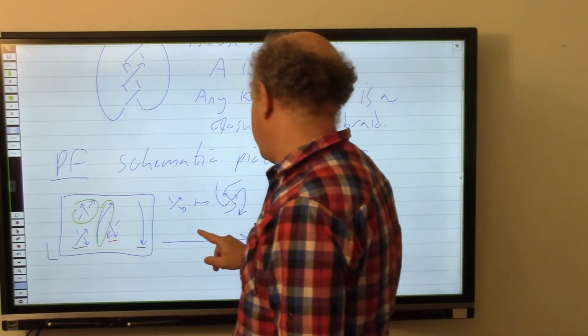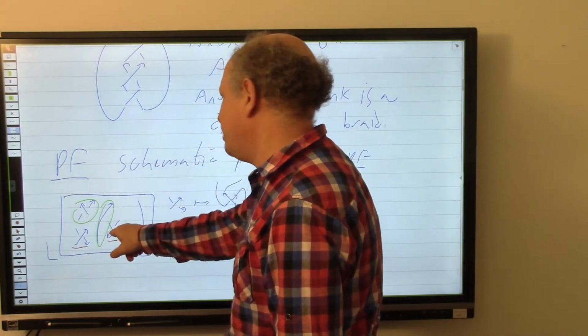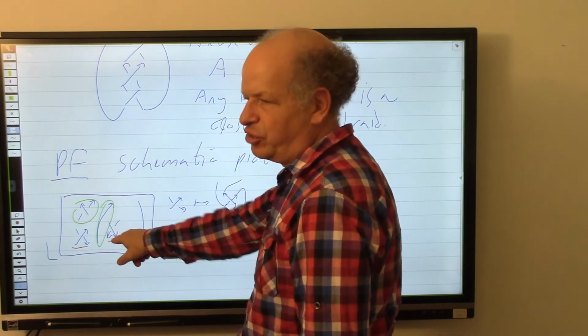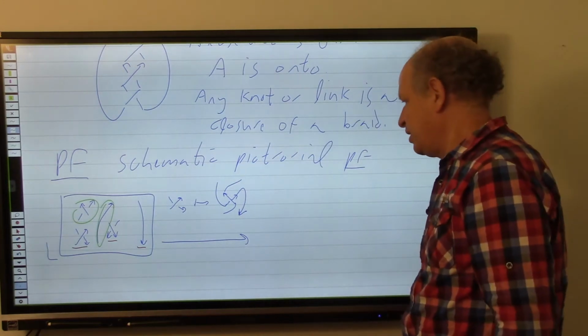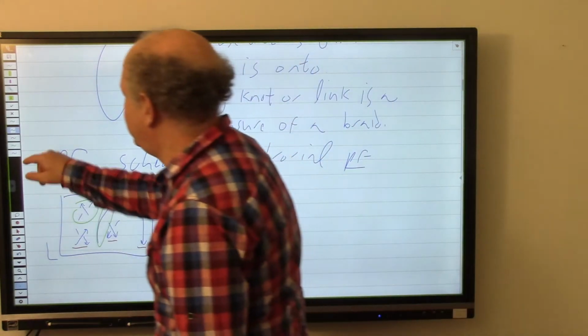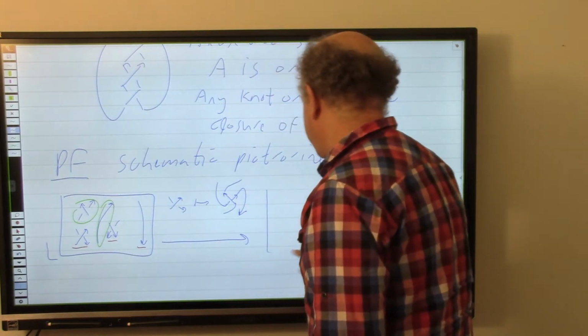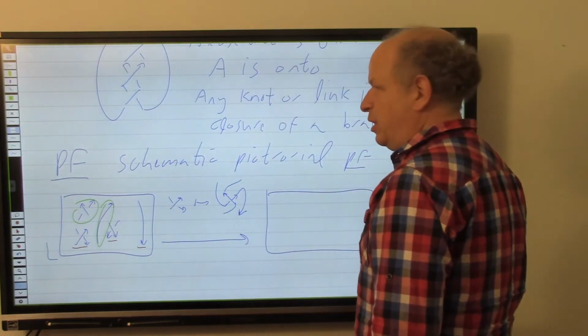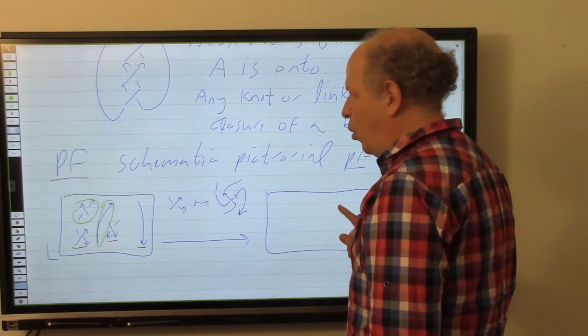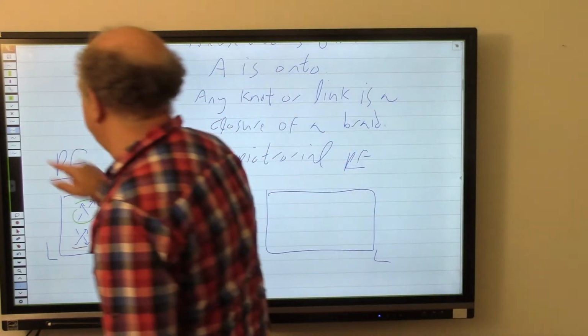So similarly, maybe I will not risk myself doing it for this crossing, but it's clear that it can be done. Okay? So after you do this, you get a picture of the link in which all the crossings are good.